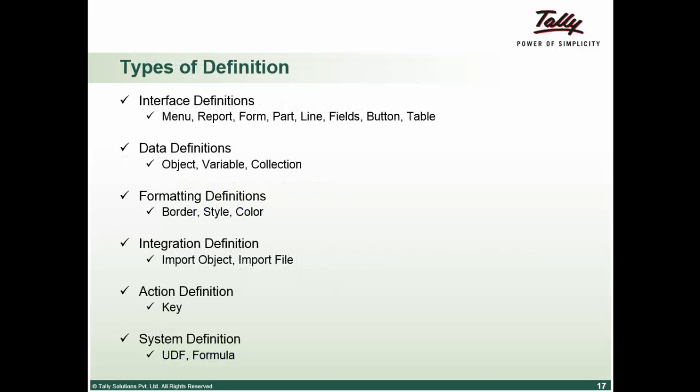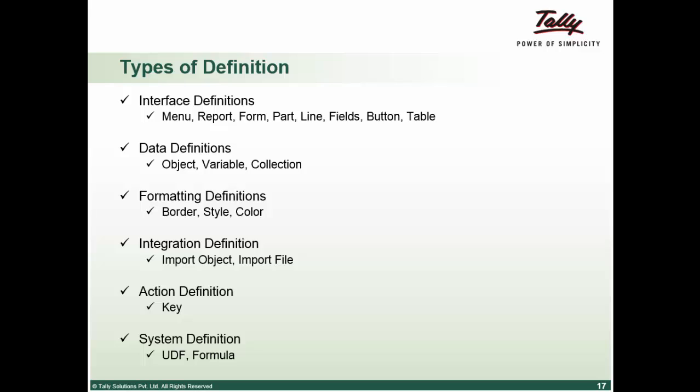We have types of definitions. We have categorized them as interface definitions, data definitions, formatting definitions, integration definitions, action definitions, and system definitions. Interface definitions are definitions which are used in creating a user experience.